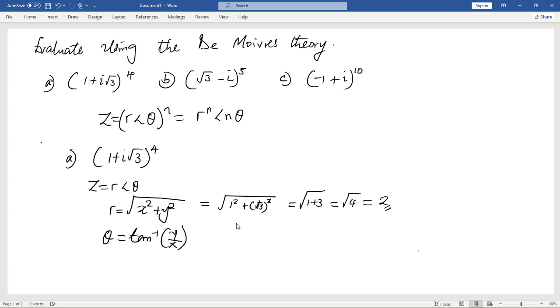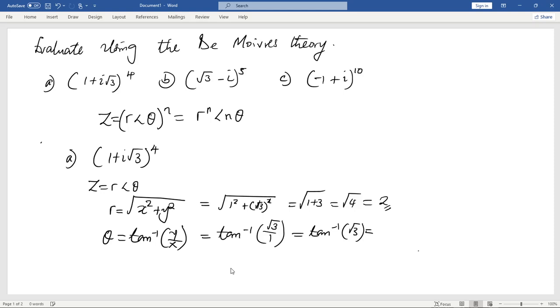Okay, so then for theta, we say y divided by x. So we're simply going to say tan inverse of the root of 3 over 1. So basically we say tan inverse of root 3.